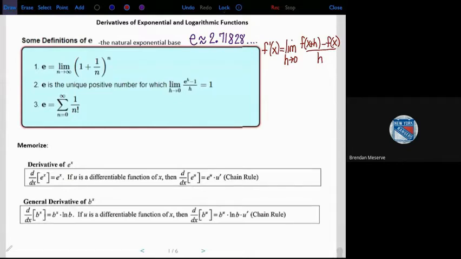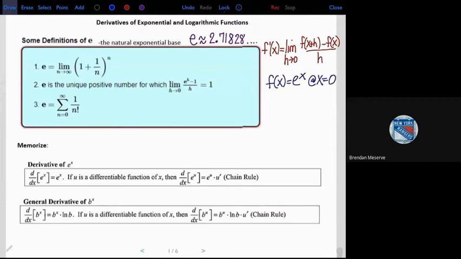So let's match it up a little bit. Why am I saying that this is a derivative? Well, the limit as h approaches 0 is what tipped it off for me. But now I've got f of x plus h, and all I see is e to the h. So the only way that this could be a derivative is if the function f of x is e to the x, and it has to be at x equals 0.